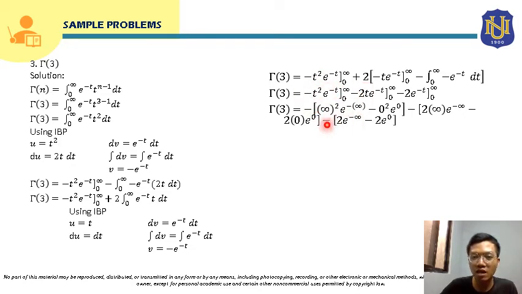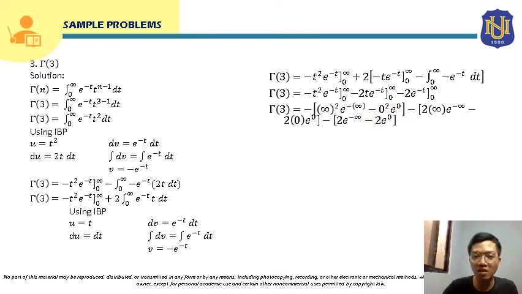We factor out negative, so this will become infinity squared times e raised to negative infinity minus 0 squared times e raised to 0. Okay, we factor out this negative sign. So that will be 2 times infinity times e raised to negative infinity minus 2 times 0 times e raised to 0. Also we factor out this negative here. This will become 2 e raised to negative infinity minus 2 e raised to 0.